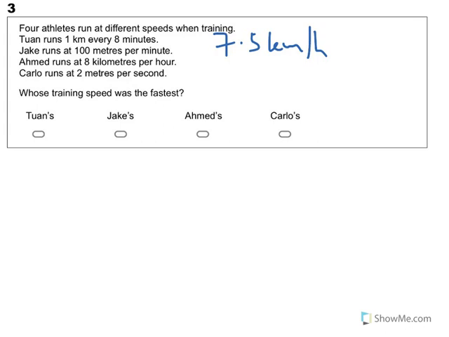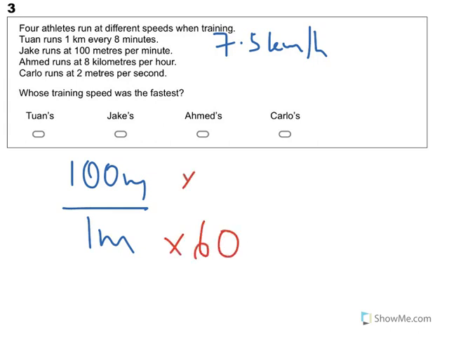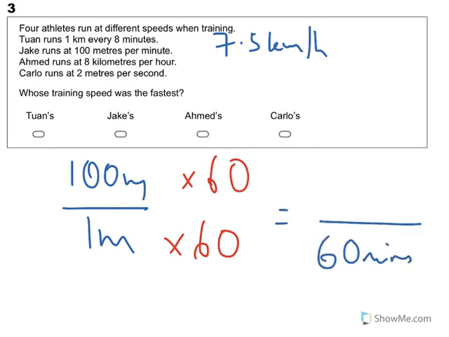Let's have a look at the second one. The second one says it's 100 meters per 1 minute. So this is a bit easier because I can times the bottom by 60 to make it 60 minutes, times the top by 60. Well, the bottom is 60 minutes, and the top is 100 times 60, 6,000.